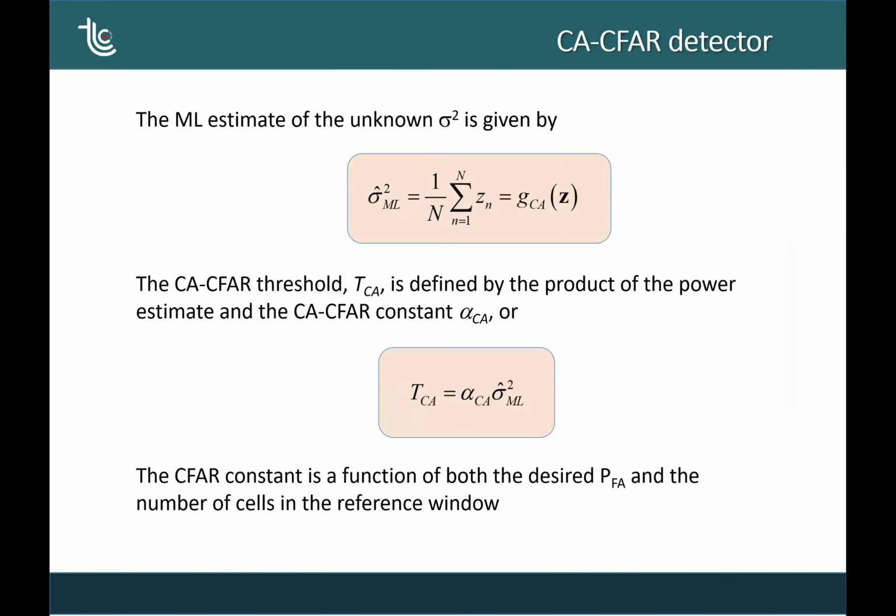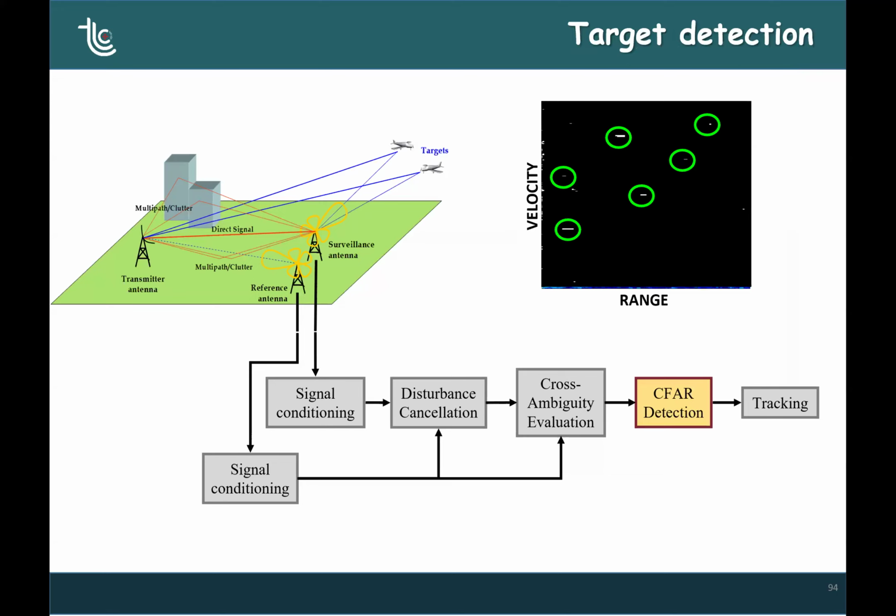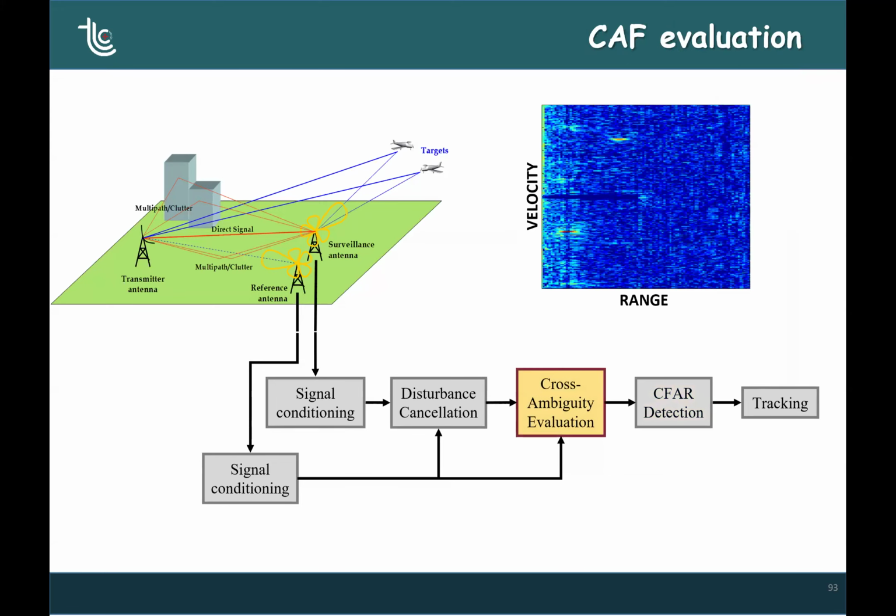So going back to this image that we have here, to estimate the power of the noise along different velocity bins and using different ranges, we set the cell under test, and then we take no more than 20 cells before the cell under test and 20 cells after the cell under test. We don't increase the number of range cells, the samples that we consider, to infinite or very high, okay?